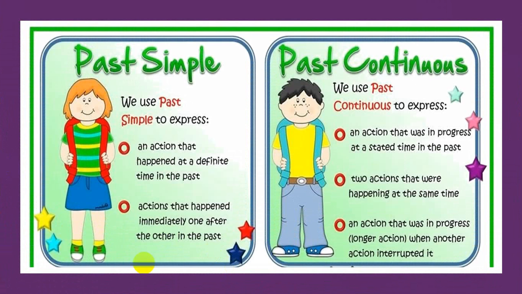We use past simple to express an action that happens at a definite time in the past. The second usage, actions that happened immediately one after another in the past. When we want to compare two actions that happened in the past, we put past simple in the newest one, or the last action that happened in the past.